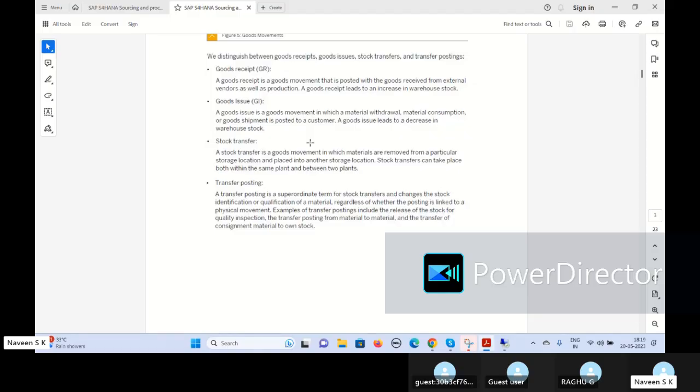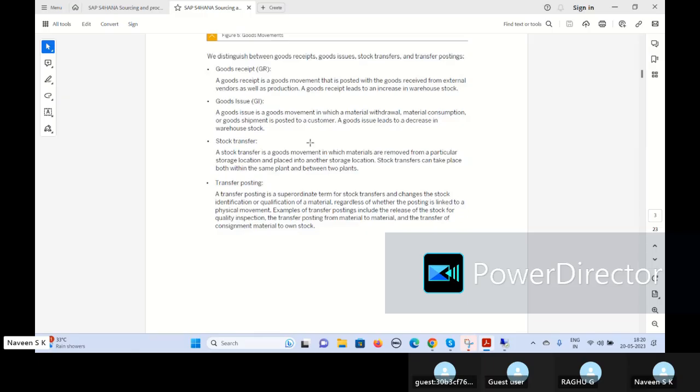Or in the case of chemicals, we mix chemical A with chemical B, so A plus B produces chemical C. In such a case we transfer material A to B or B to A, so that gives us material C. These kinds of movements are called transfer posting. That is the difference between stock transfer and transfer posting.